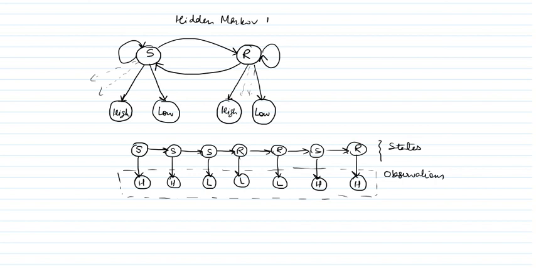Now in respect of the hidden Markov model, we have the original probability table, that is the transition probability table.